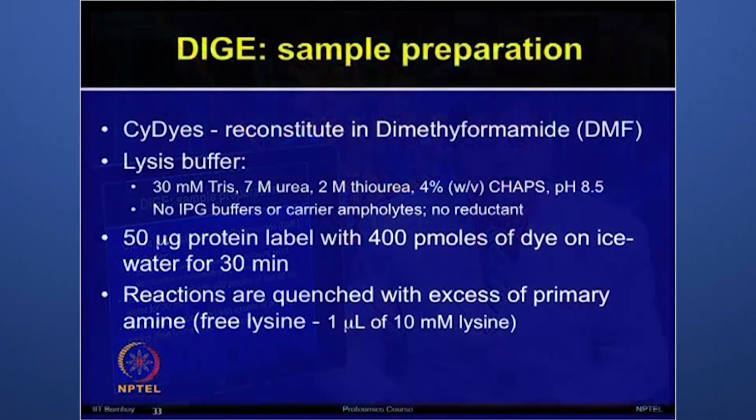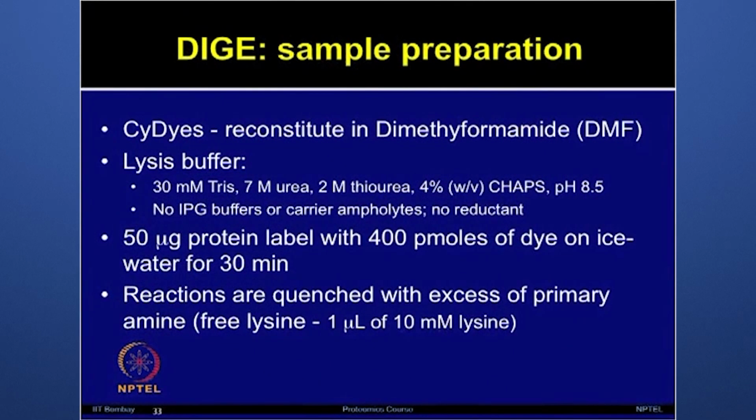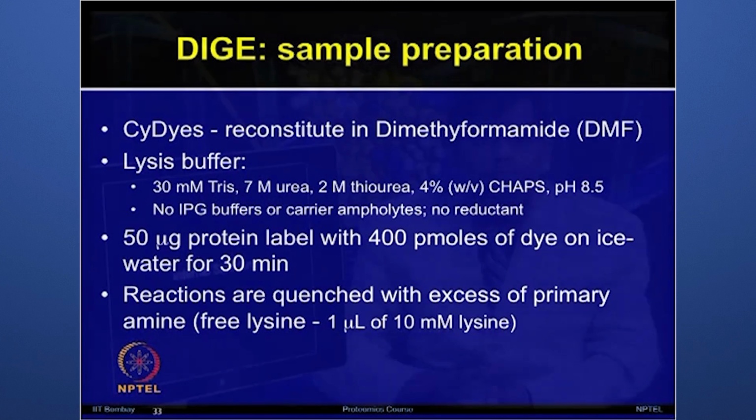Now, once the half-hour reaction is done, the reaction should be quenched with an excess of primary amine, the free lysine, by adding 1 microliter of 10 millimolar lysine. Then the reaction will be stopped and you can proceed with the next step.